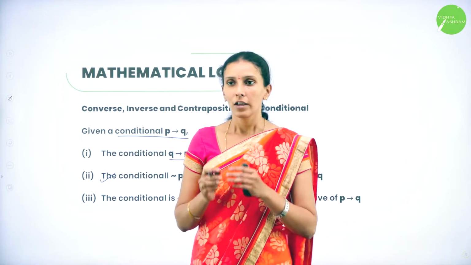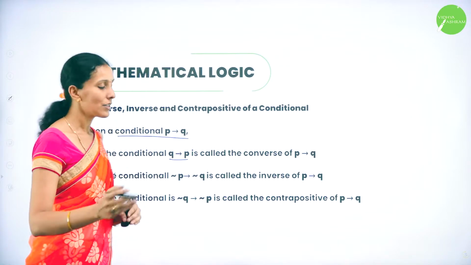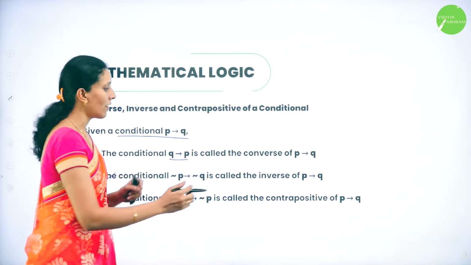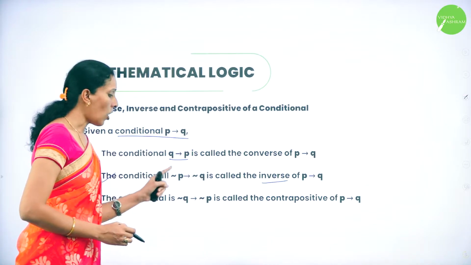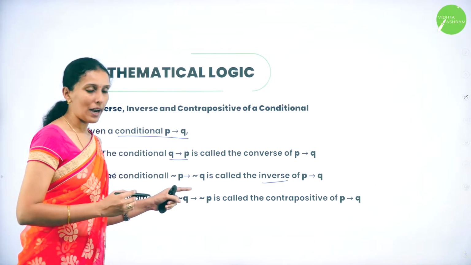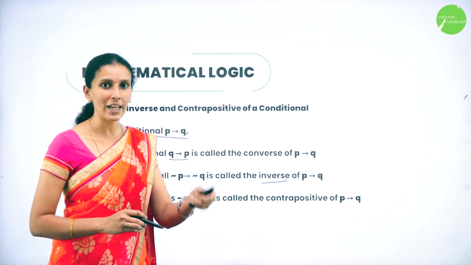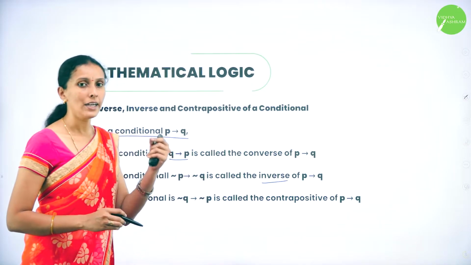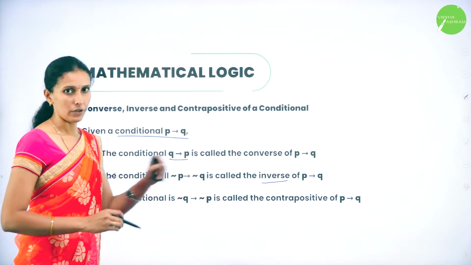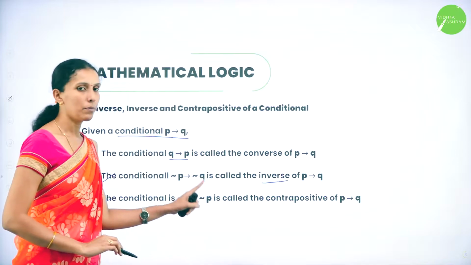If you convert this into the form of inverse, if all sides are not equal, then the quadrilateral is not a square. So you are just writing the negation of both P and Q. That is the inverse. Next we will take the conditional not Q implies not P.